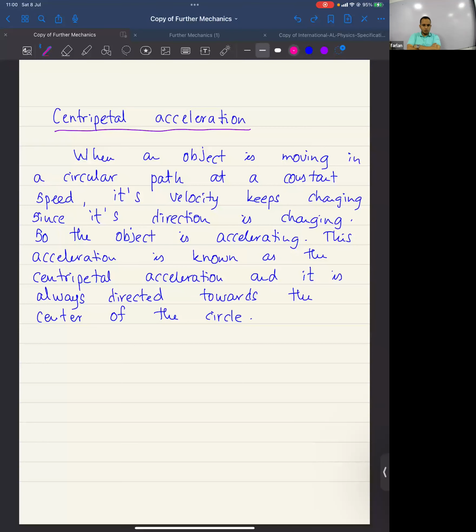This acceleration is known as the centripetal acceleration.